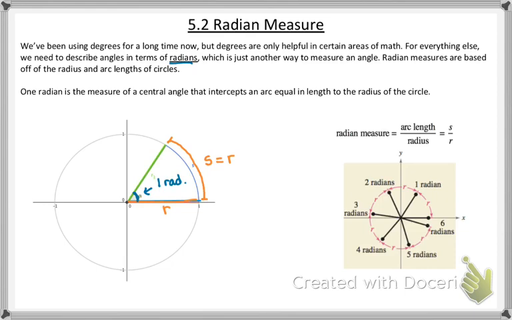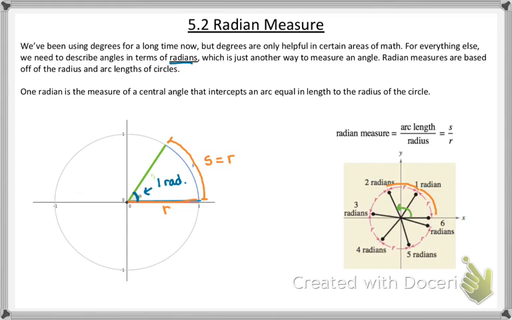And similarly, if we can fit 2 radii in the arc, so if you look at the diagram on the right side, here is 1 radius, another radius. If I can fit the length of 2 radii in the arc, then the measure of this angle that is formed is exactly 2 radians.